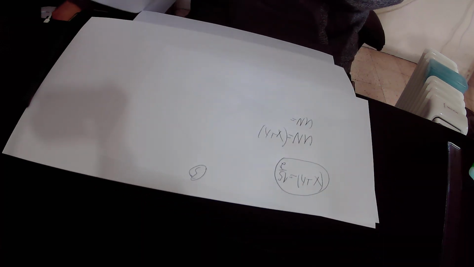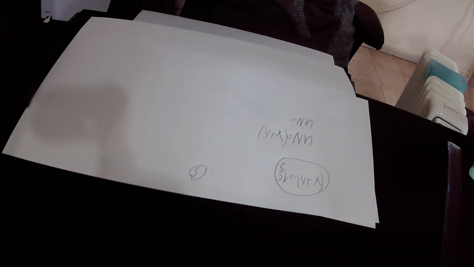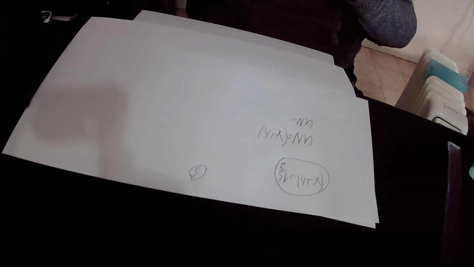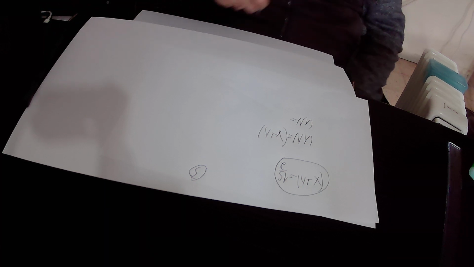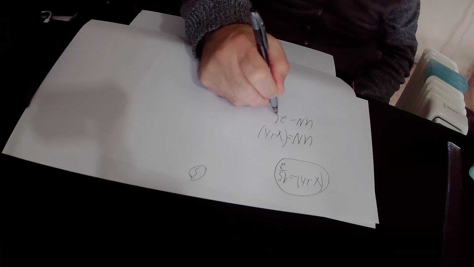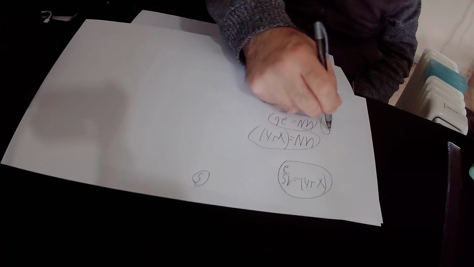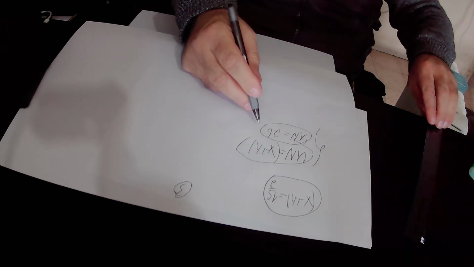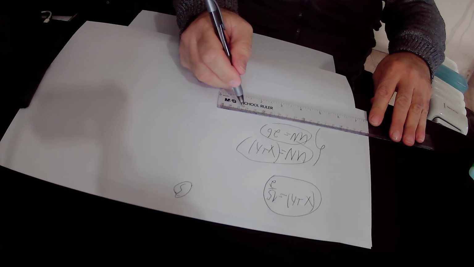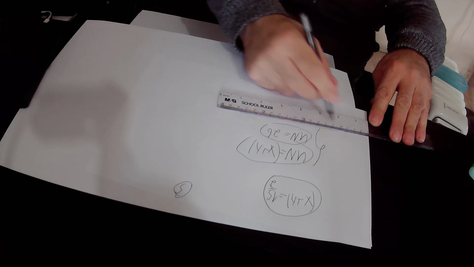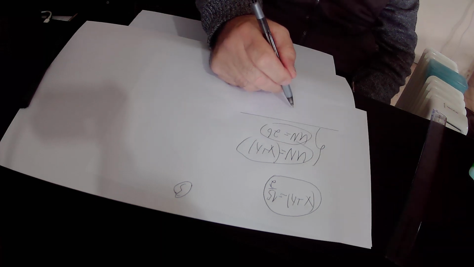You can write here that UN equals 2b. And from those two equations, we will derive that x plus h equals 2b.